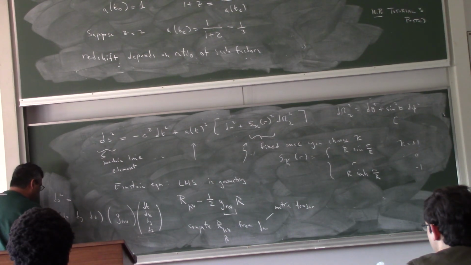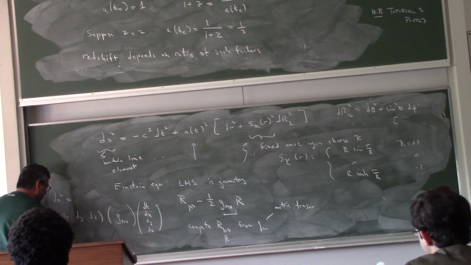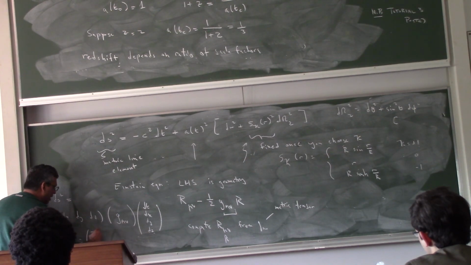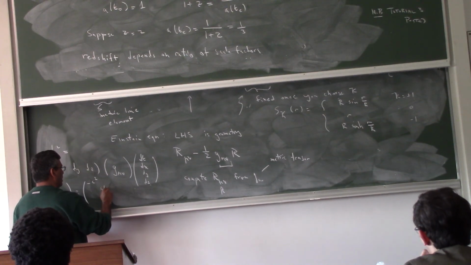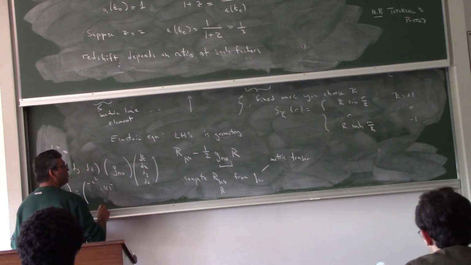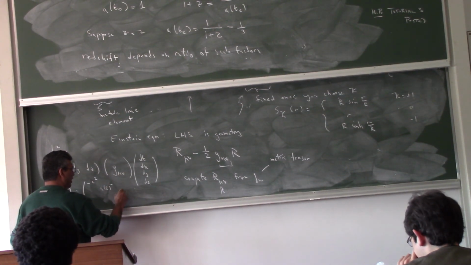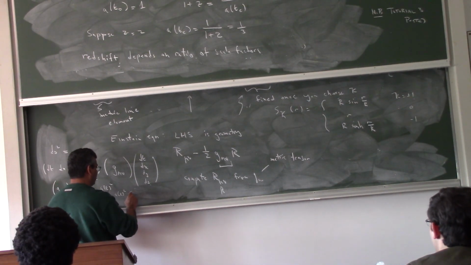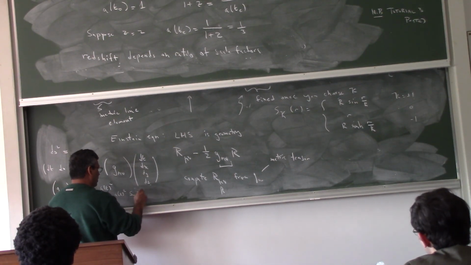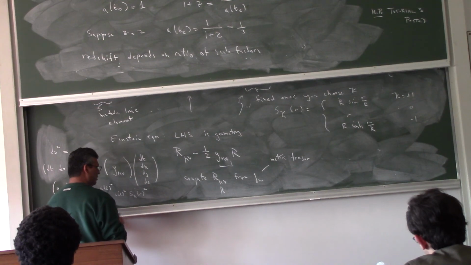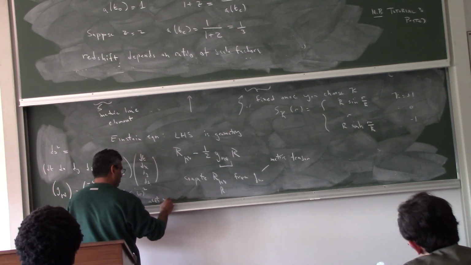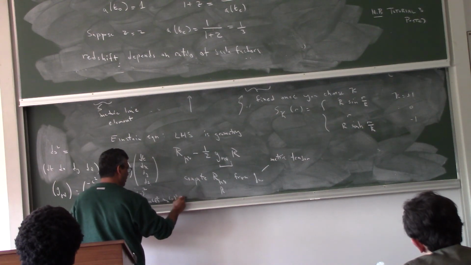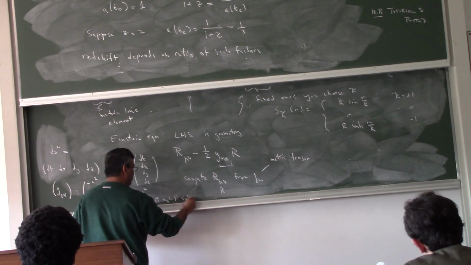So the matrix G mu nu here is minus c squared, a of t squared, a of t squared S kappa of r squared, and a of t squared S kappa of r squared sine squared theta.